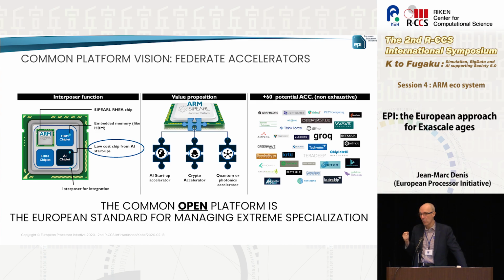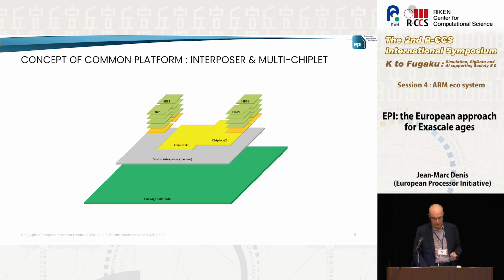So if we can offer a very simple way to implement their IP, their technology, with a CPU, that would be a big advantage for the developers and a big advantage for the accelerator designer, because they get access to the environment of the CPU. So at the physical level, how does it look? You've got the interposer.